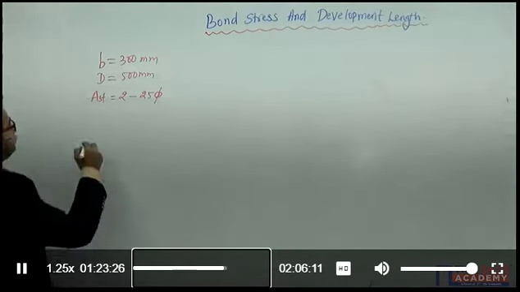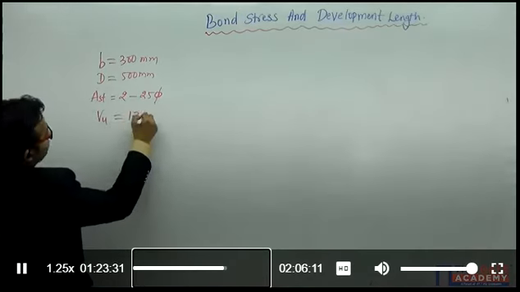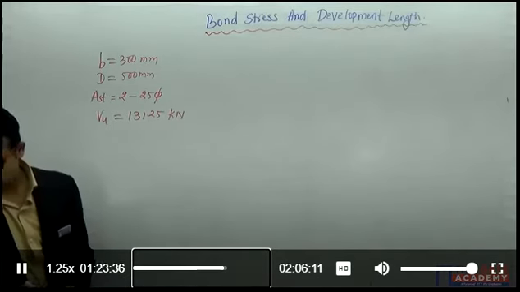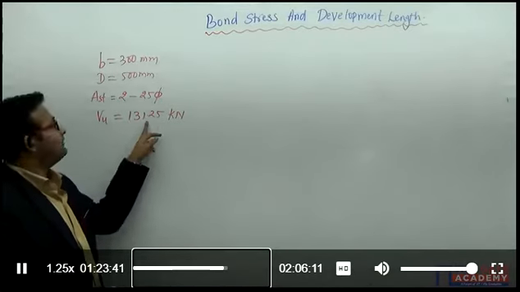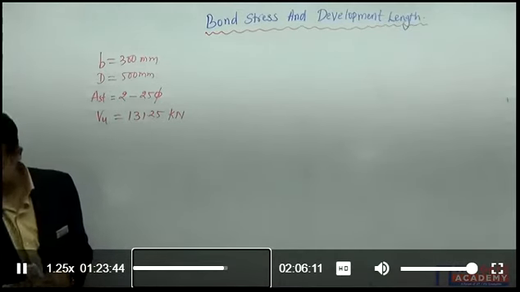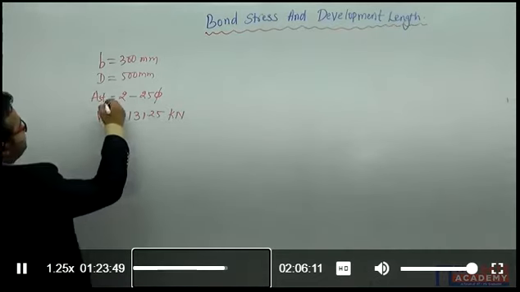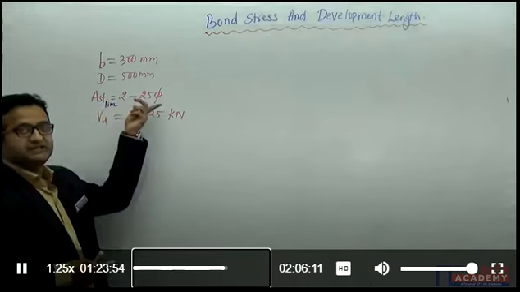It is subjected to the factored shear force of 131.25 kilonewton. And this is suppose AST limit, means this AST is for the balanced section.